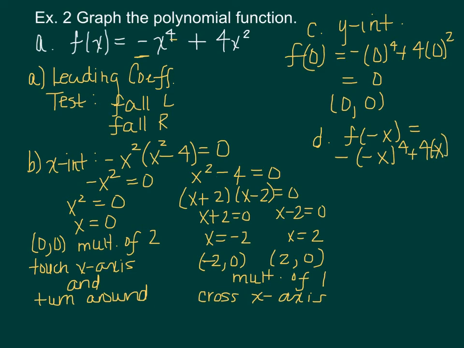And we've done this before. And you're going to get negative x to the 4th plus 4x squared. And if you notice, everything stayed the same, so this is y-axis symmetry.